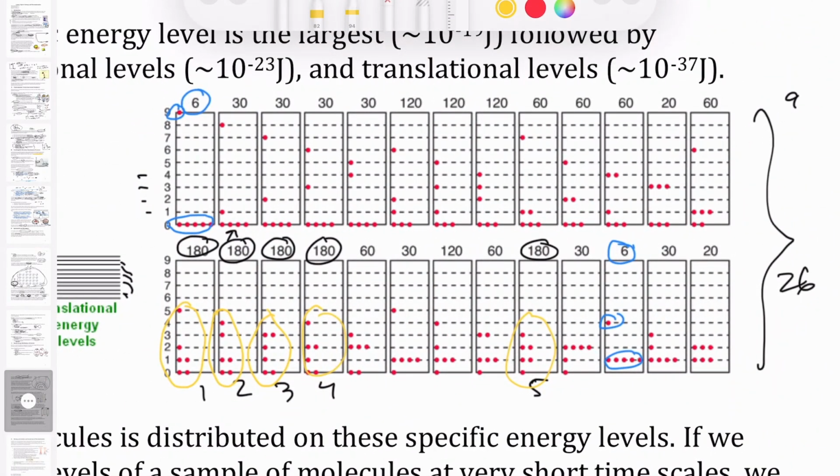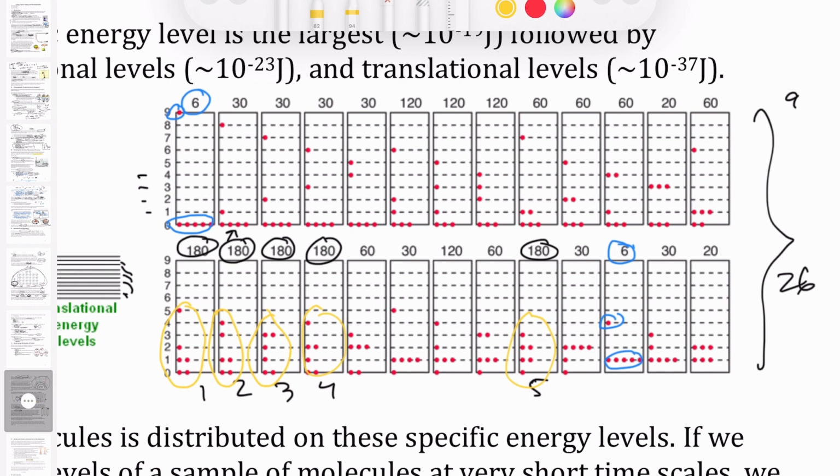We can actually see it in this particular picture because these 5 macrostates with 180 microstates each, the ones that I circled in yellow, sure look more disorganized, more disordered, right? Compared to the ones that I circled in blue, that have fewer microstates, because those are forcing all the particles to be organized together or stay together in the same energy level.